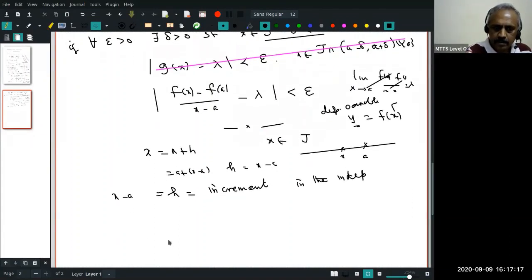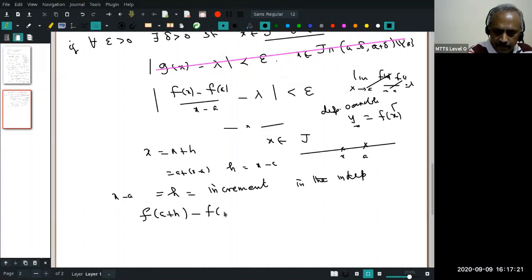Right? So then what is f(a plus h) minus f(a)? I gave an increment in the independent variable and compared f(a plus h) minus f(a). This is nothing other than the increment in the dependent variable.